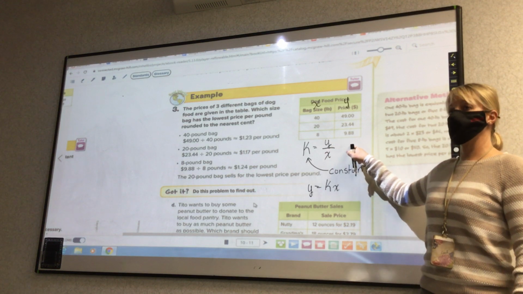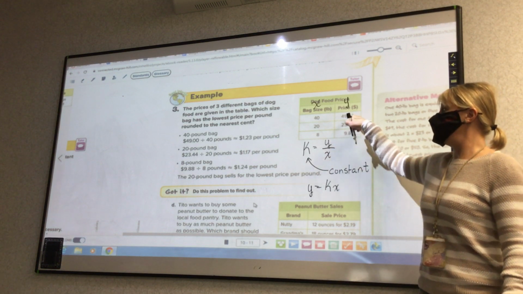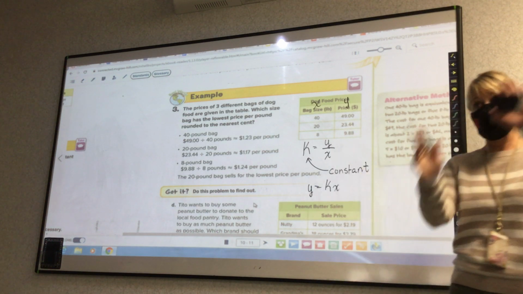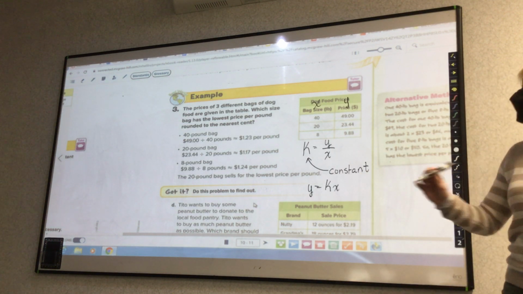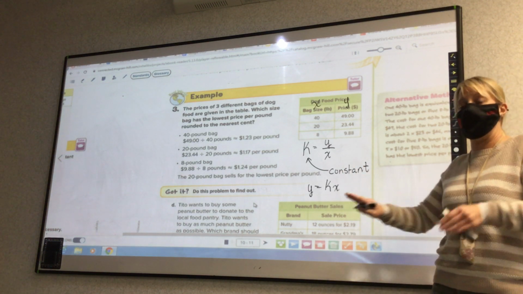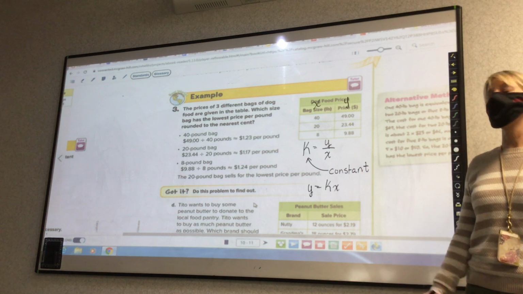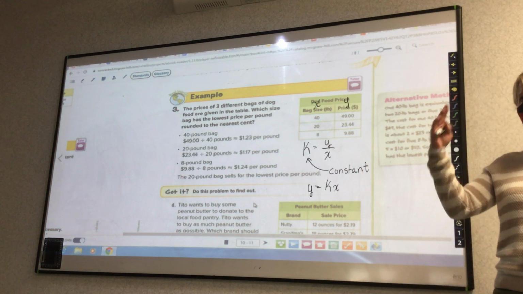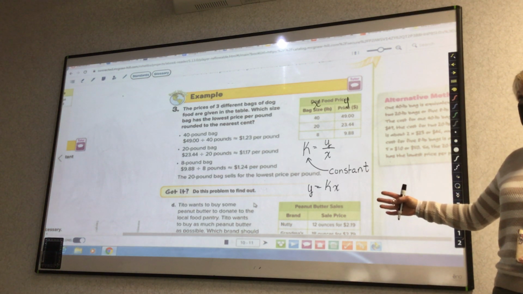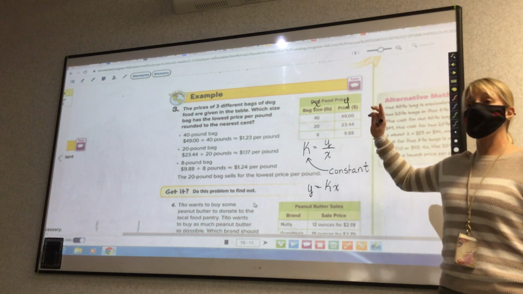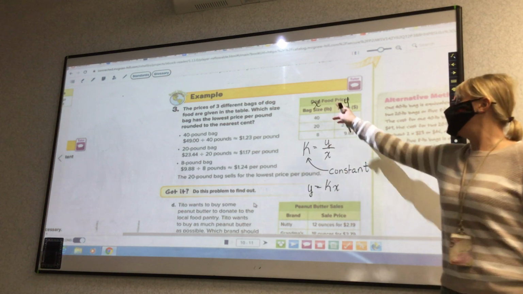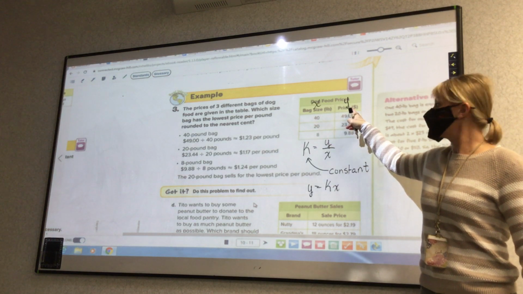And whatever that equals, if it equals the same for all of these, they all have a constant, and they'd be considered proportional. That's going to come later. I'm getting you prepared right now for another lesson. I'm just putting it in now. Does that make sense? Kind of giving you some information. Get used to y over x, knowing that this is x and this is y.